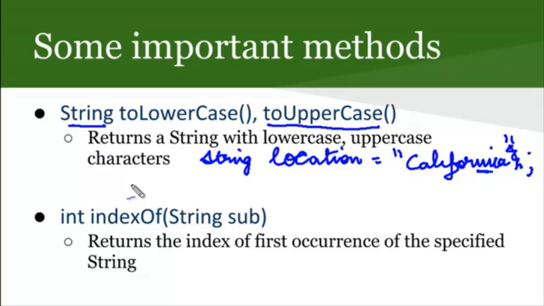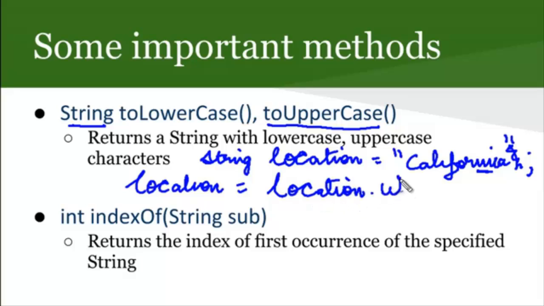So if I have to convert everything into uppercase, location now is equal to location dot toUpperCase.